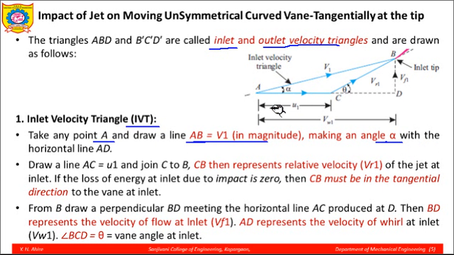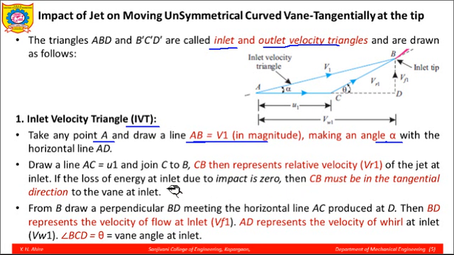So this angle is alpha for V1. Draw a line AC equal to U1 and join C to B. So CB represents the relative velocity VR1 of the jet at inlet. First you draw the AC line equal to U1 and then join point C with point B, which gives you the relative velocity VR1 at the inlet.